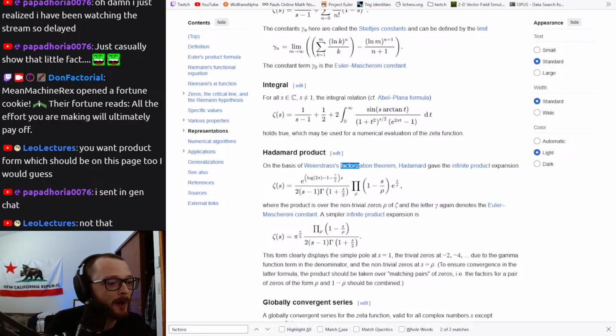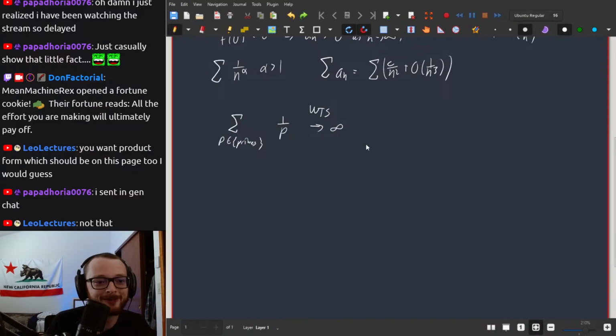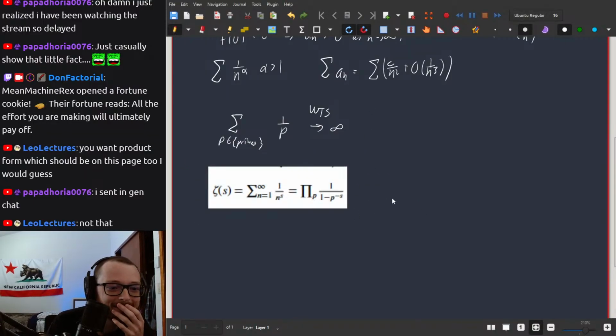Yeah, you know what, Papadoria? Just casually showing that little fact, being the Riemann hypothesis, reminds me of your professor giving you the Collatz conjecture in disguise.